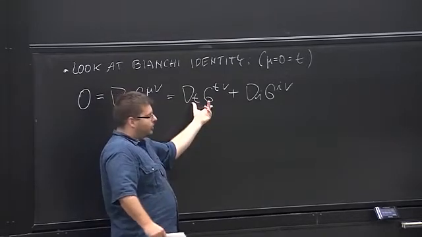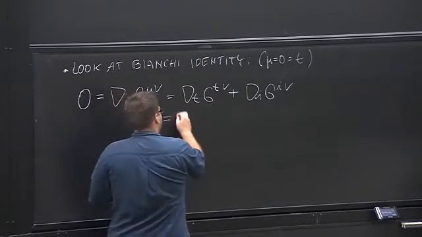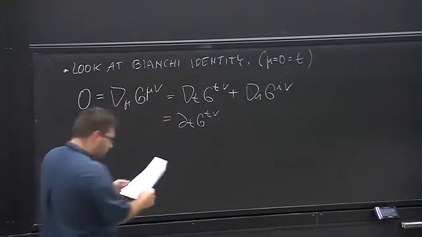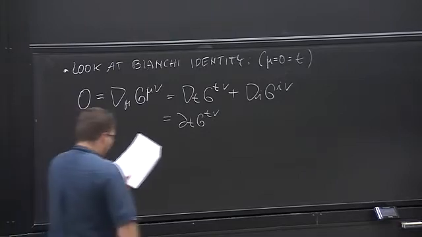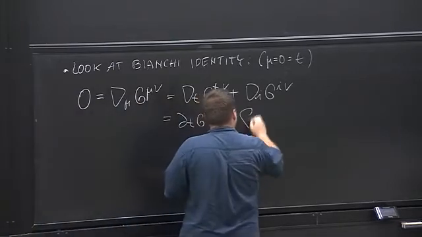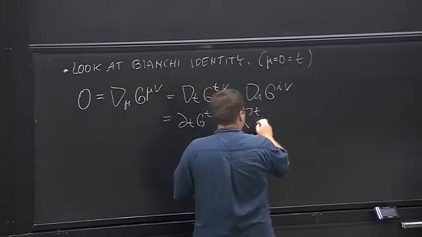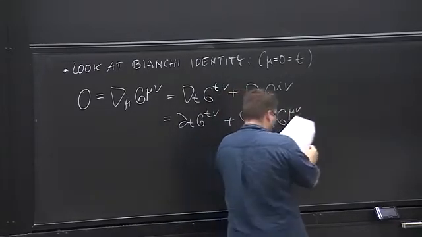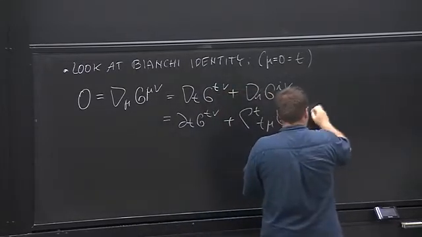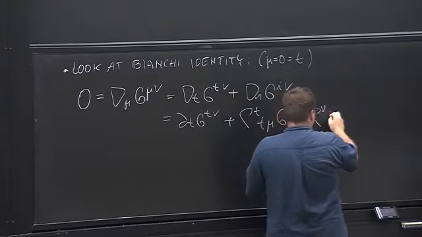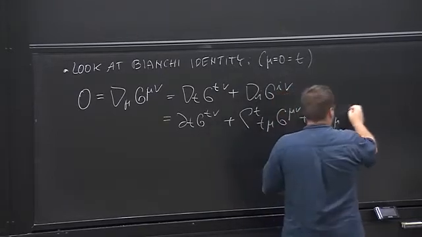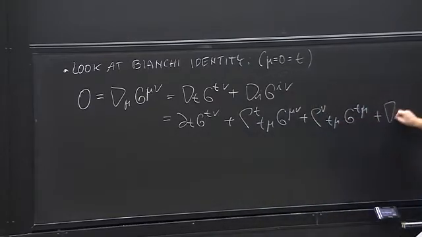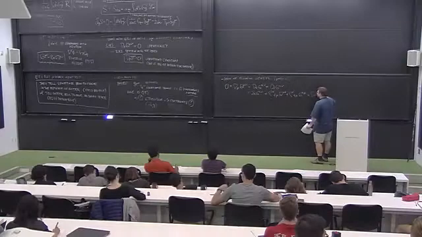So I'll have the partial derivative, this is d t of G t nu. And then I'll have two Christoffel symbol terms, plus gamma t mu G mu nu plus gamma nu t mu G t mu. Hopefully this is correct, I'm just copying down. And then I still have the term nabla i G i nu.